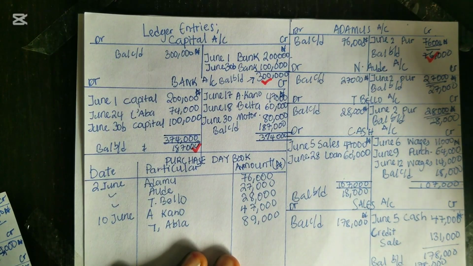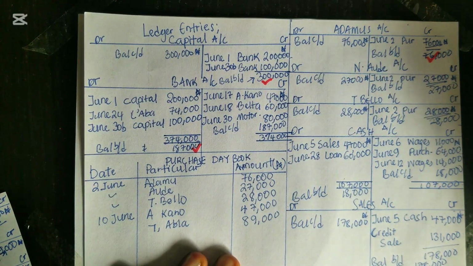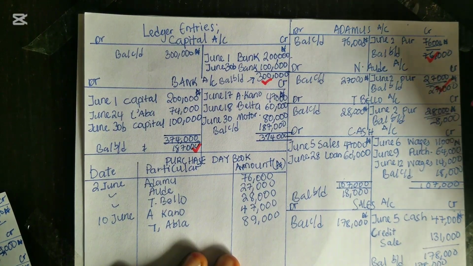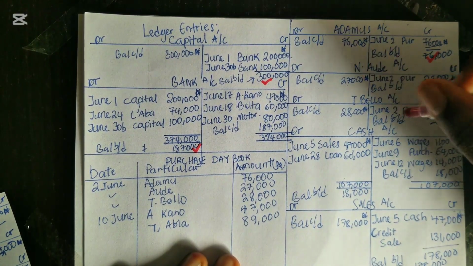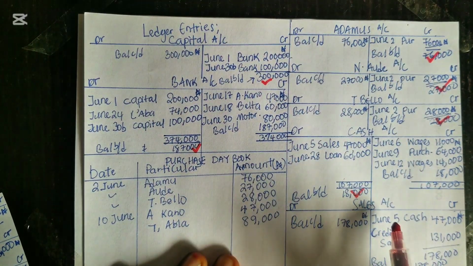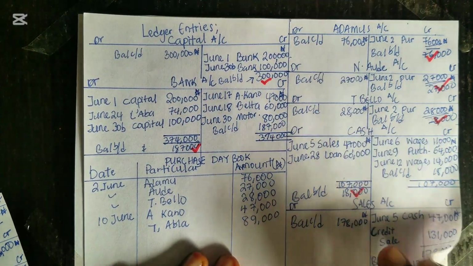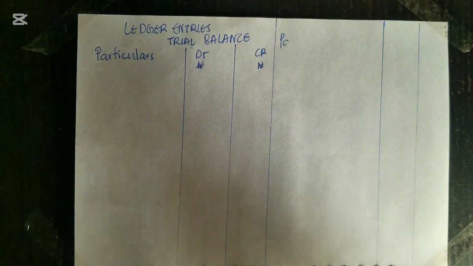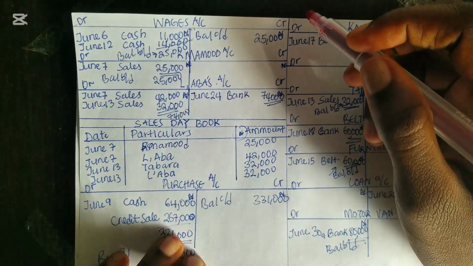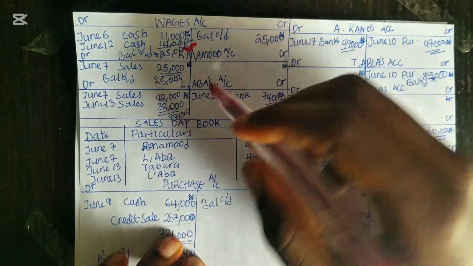N Audo's account, does it have a balance brought down? Yes, it's going. T Bello's account, balance brought down, it's going. Cash account, balance brought down, it's going. Sales account, balance brought down, is going. Wages account, balance brought down, is going.